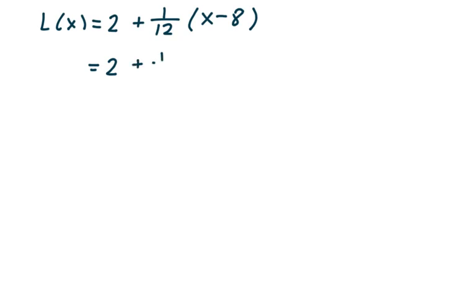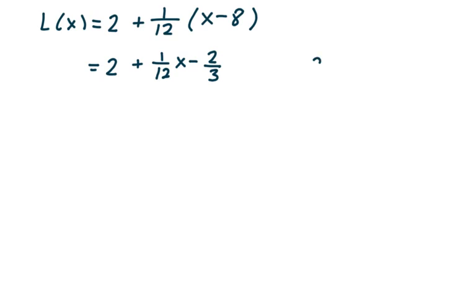So L of x is f of 8, which is 2. F prime of 8 is 1/12. And then I'm going to multiply by x minus a, which is, in this case, x minus 8. And we'll simplify this a bit, since we're just looking for L of x, right? So this is 2 plus 1/12 x minus 2/3.